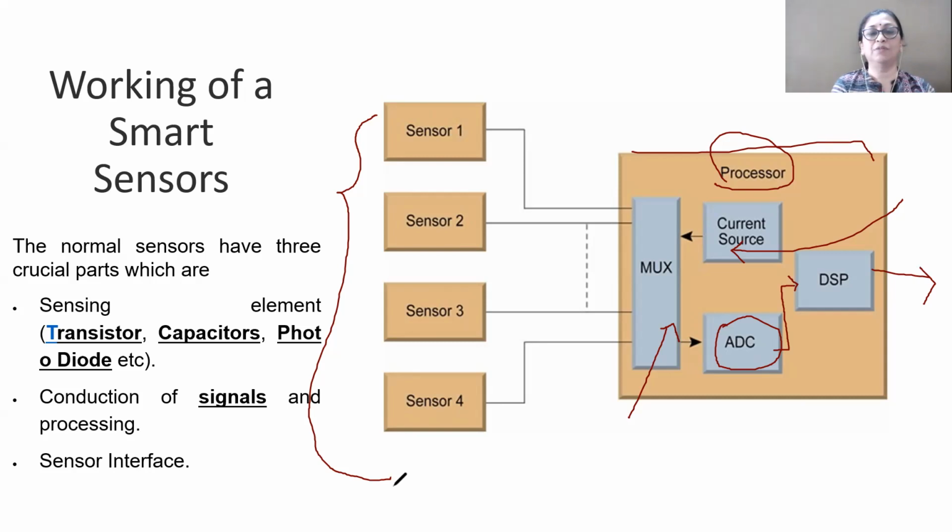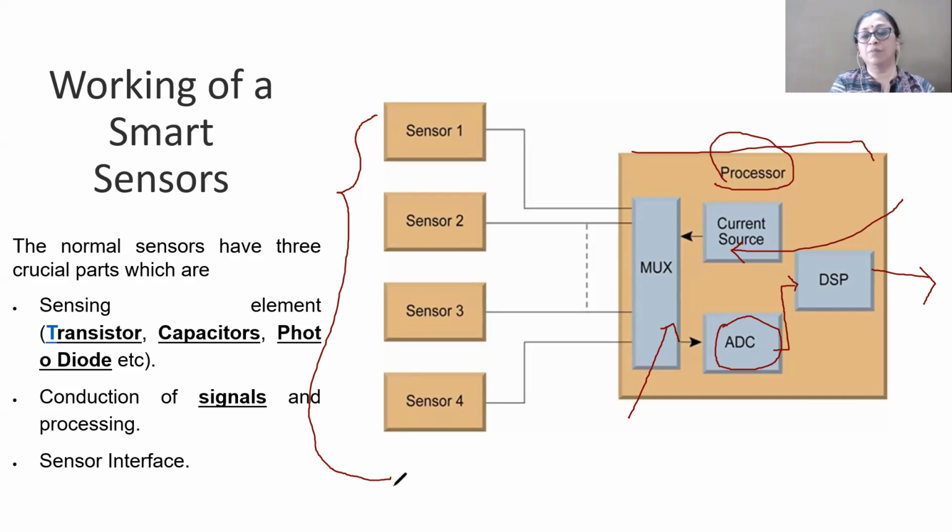Some slot is given to 1, some to 2, some to 3, some to 4. So the whole time period is divided into 4 slots in this particular example, and each sensor will get its round during this time period. After 4 rounds are over, again sensor 1 will get its own round, like that.